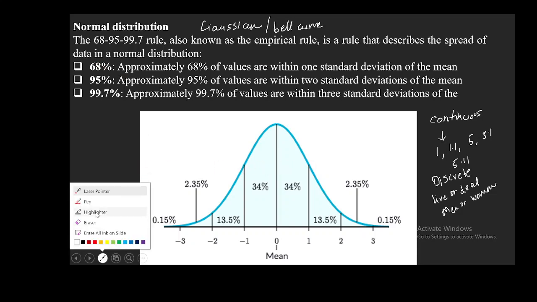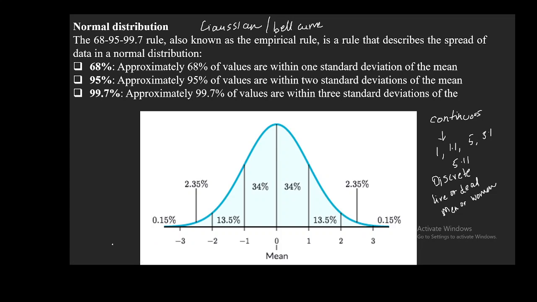So let me just draw this with the black marker. 68% of the population is within one standard deviation. Okay, and if you see the second, two standard deviations, it will be 95%. And if you are saying 3, this was 2 and this is 3 from here.